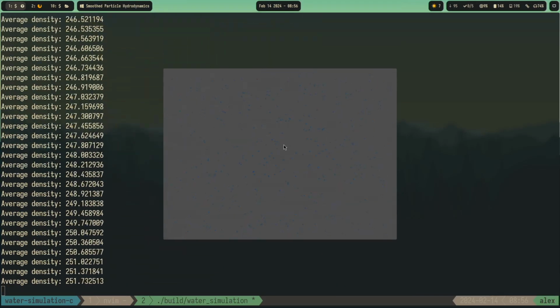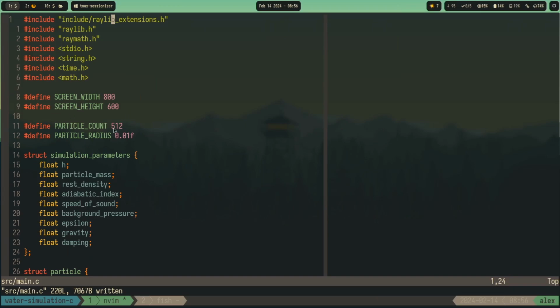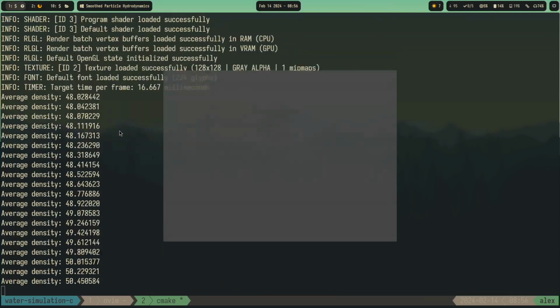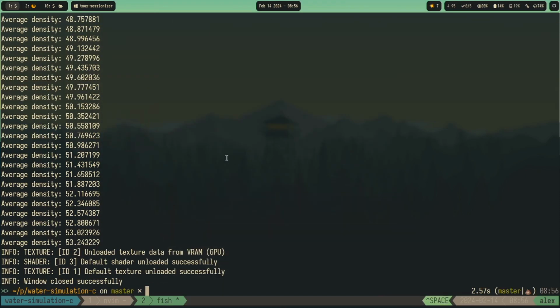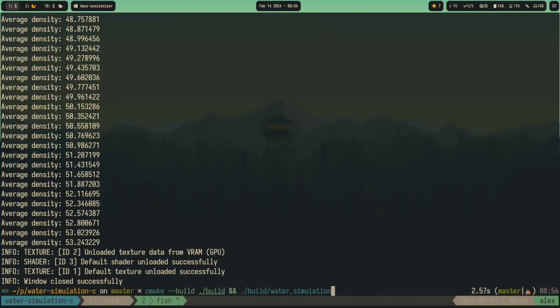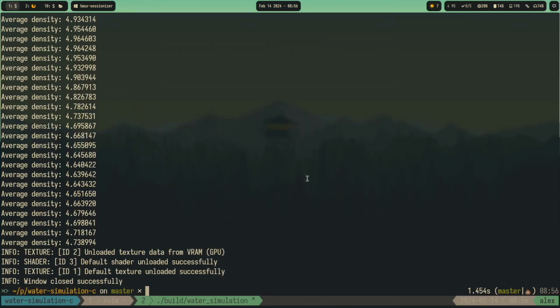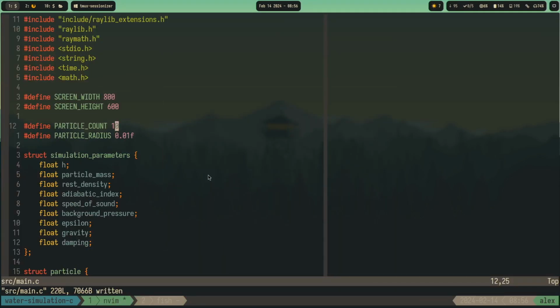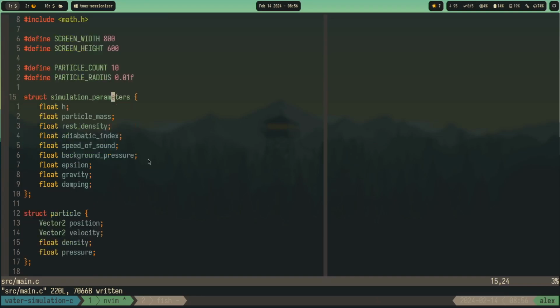And let's see. So it's 250. If we have 100 particles, it's like what? It's just 50. If we have, let's say, only 10 particles, and in my case it's going to be 5. So for 1000 it should be 500 at the average density.